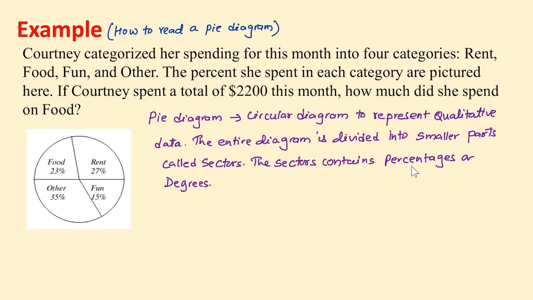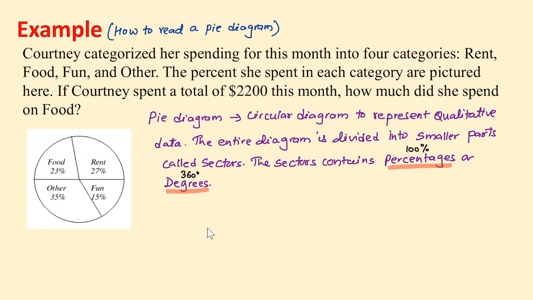So in case of percentage, it will be 100%, and in case of degrees, it will be 360. So let me also write those two. If we use percentages, the total will be 100%. And if we use degrees, total will be 360 degrees. So that is the basic idea about the pie diagram.